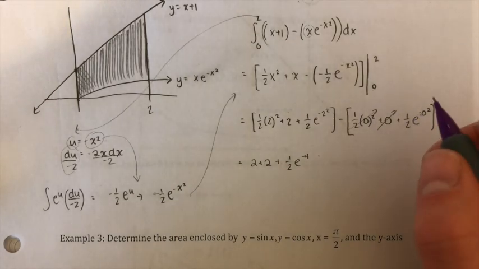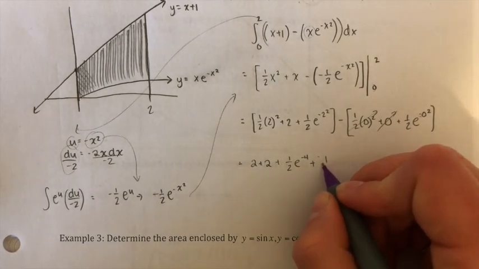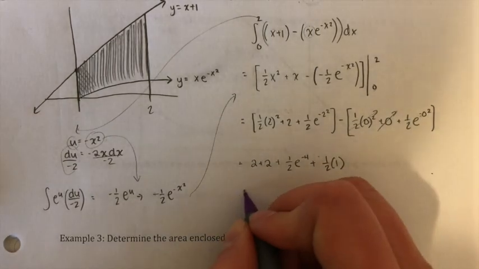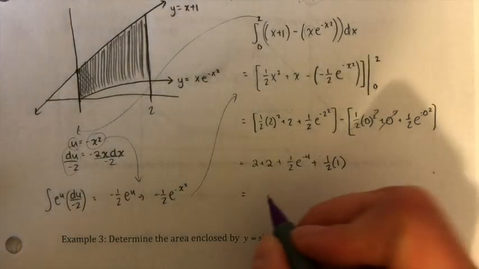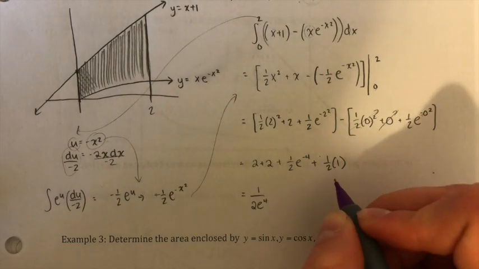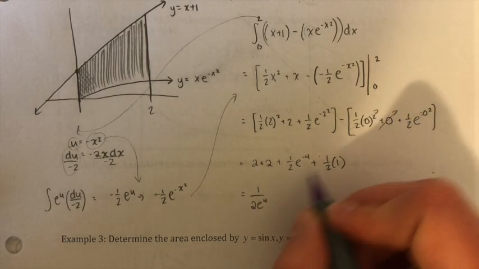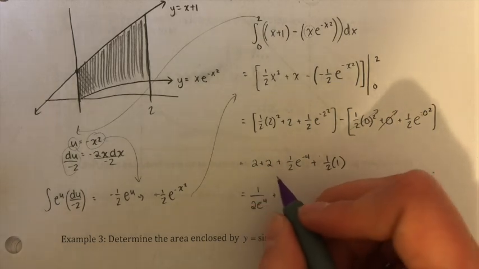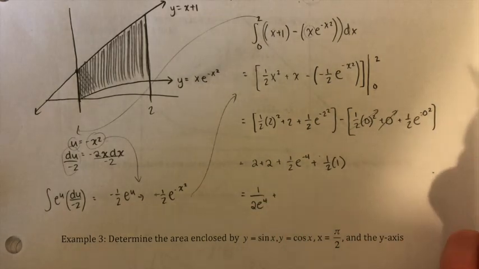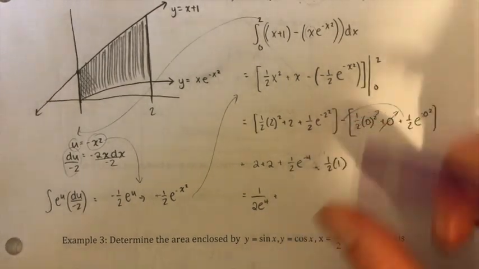Okay, so e to the 0 exponent is just 1. So we're going to leave that 1 over 2 e to the 4. And then we've got 2 plus 2 is 4 plus a half. So 4/2. Oh wait, sorry, this one's a negative. So that negative would distribute in.